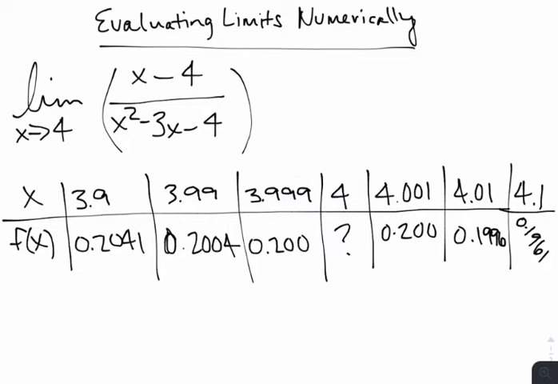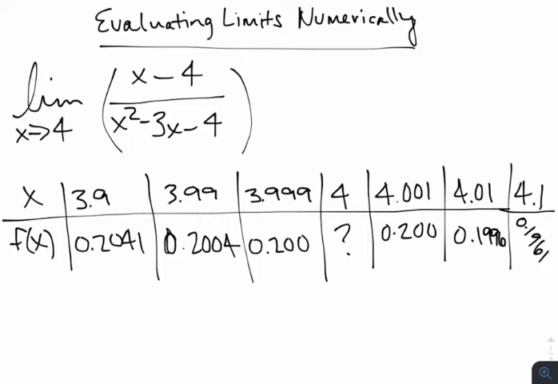So we can pretty much conclude, let's rewind here, if we were given another number like 3.9999 and 4.0001, that would most likely have given us 0.2000 again.